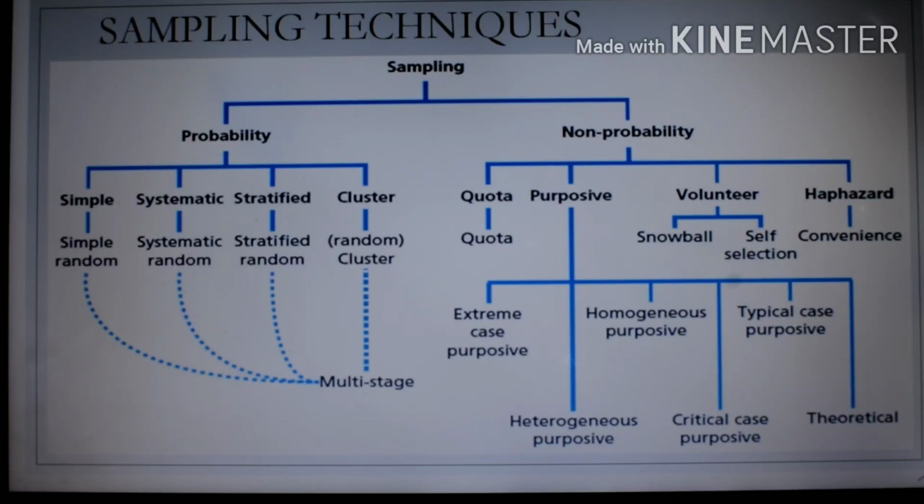Purposive sampling is divided into extreme case, heterogeneous, homogeneous, critical case, typical case, and the last one is theoretical purposive sampling. The third one of non-probability sampling is volunteer snowball sampling, self-selection sampling. The last one is haphazard sampling, or we can say convenience sampling.